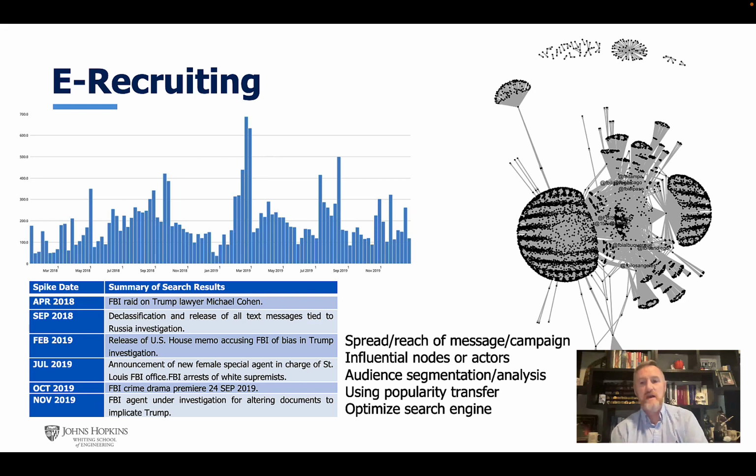You're also seeing a map of the social network there to the right of who's engaging. We found that most of the people engaging with content were actually men over the age of 35, too old to join the FBI, and so that wasn't particularly effective. Some of the recommendations we made for them was to co-mention in deliberate posts FBI with things like the FBI crime series or Law and Order Special Victims Unit.